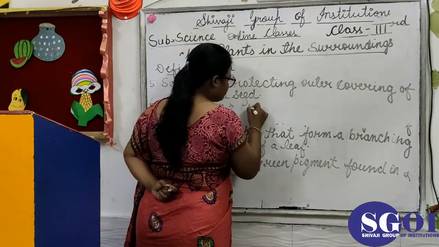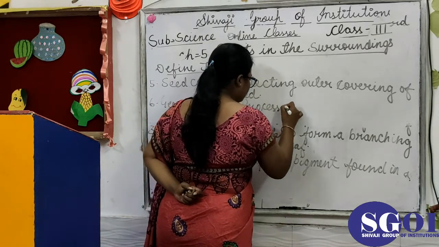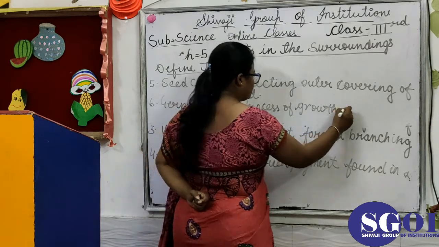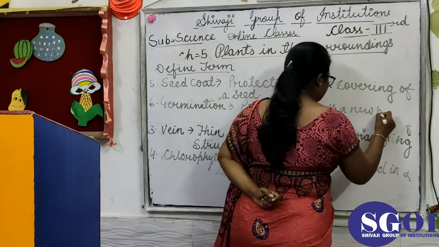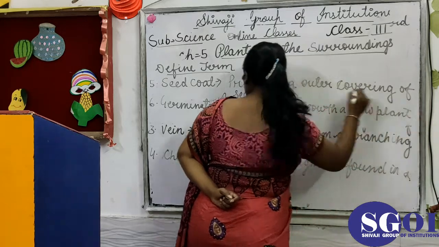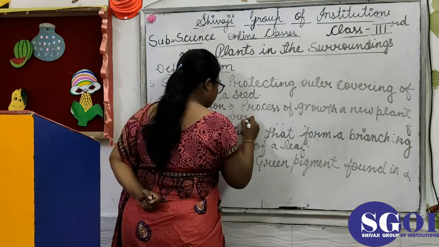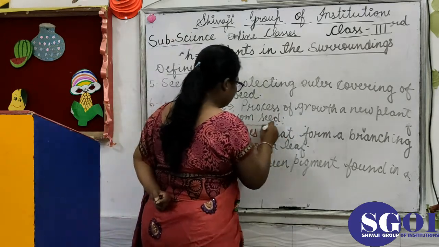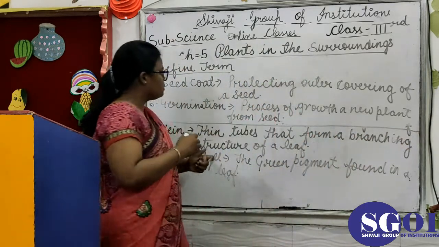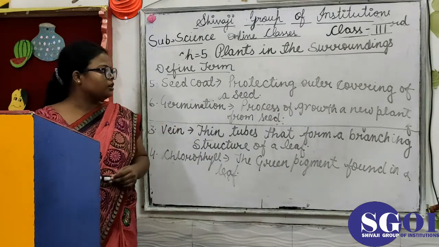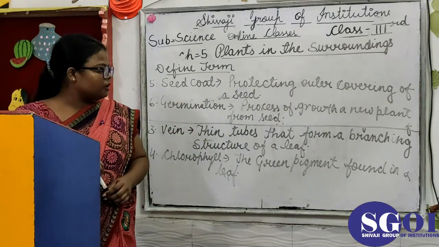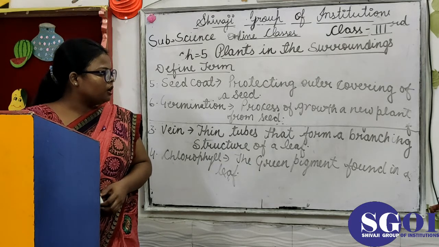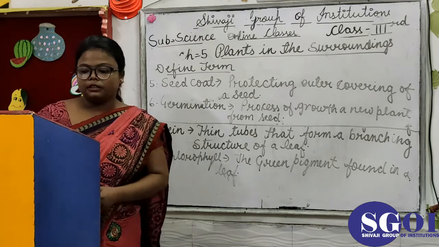Process of growth of a new plant from seed is called germination. Students, first one, seed coat, protecting outer covering of a seed. Last, germination, process of growth of a new plant from seed.